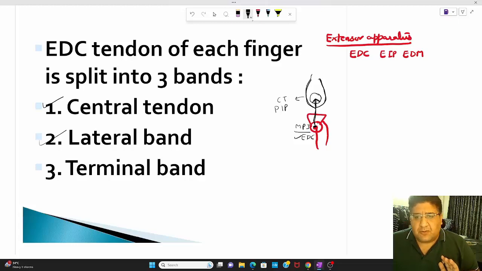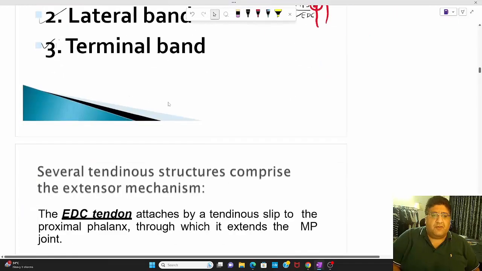Now these two lateral slips go further and get inserted onto the base of what? The distal phalanx. And over there they make what is called the terminal band. Don't worry, you will have more clarity when I move further with you.